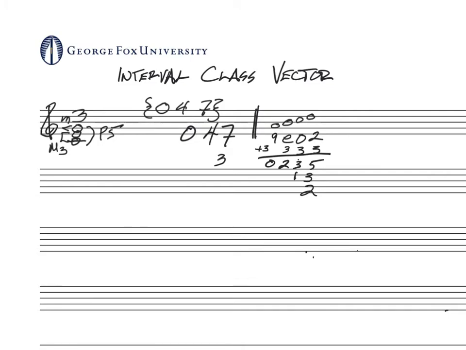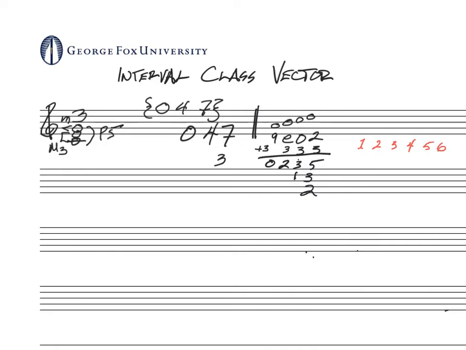When we write out the form of an interval class vector, what we do is we list it as the number of each of the interval classes. So we'll start with interval class 1, then interval class 2, 3, 4, 5, and 6.